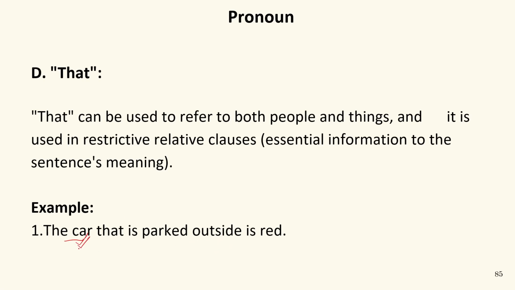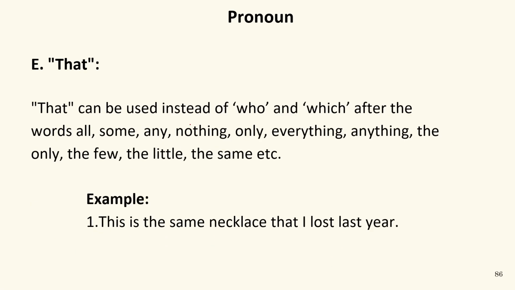Here we are focusing on the car that is parked outside. Now that can be used further, instead of who and which, after the words all, some, any, nothing, only, everything, anything, the only, the few, the little, the same, etc. If in a sentence any of these words come, we use that to relate it, not who and which.